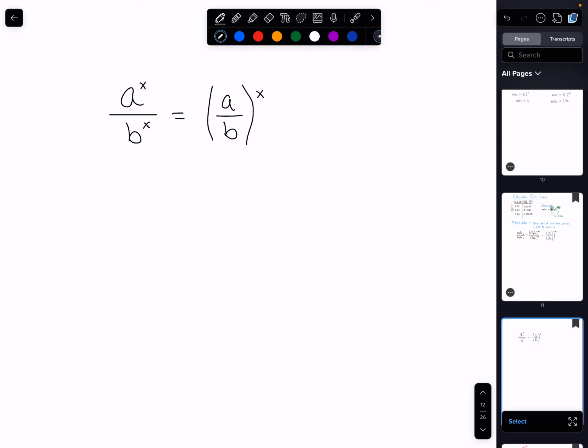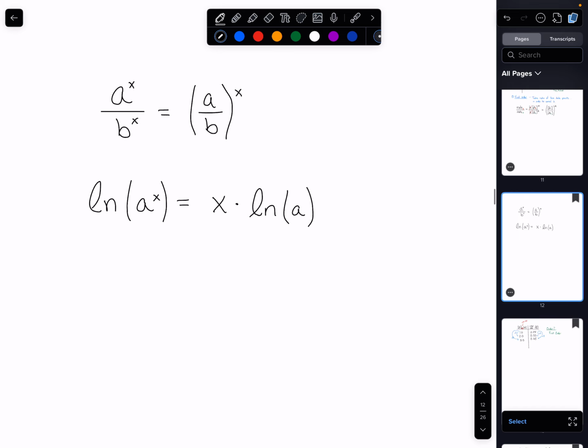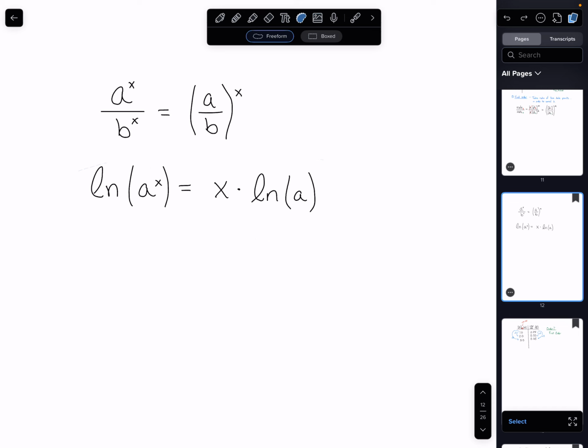We're going to be fancy and use natural log here, but the bottom line is the natural log of any number raised to some power is equal to that exponent times that log. So this is going to be our way to bring down that exponent. These are these two kind of fancy algebraic rearrangements that we need here.